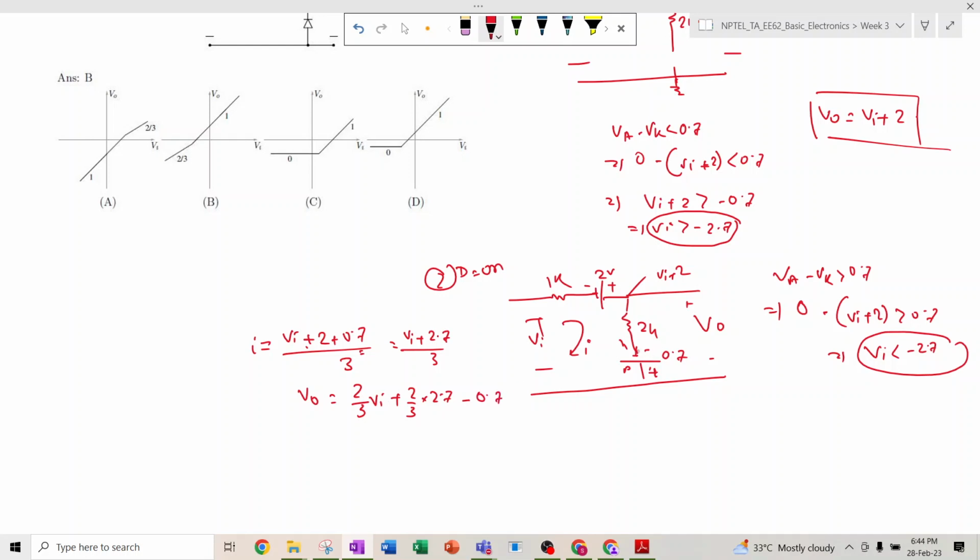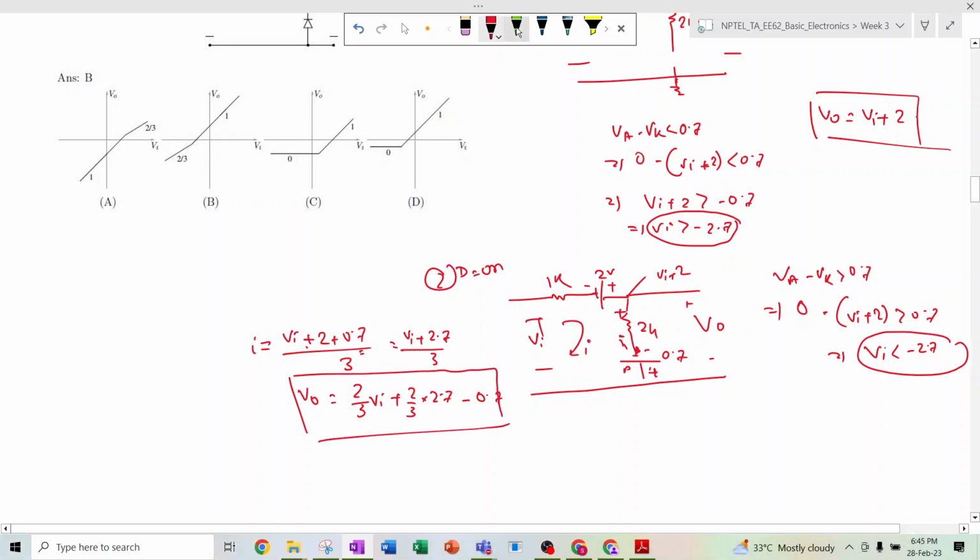Minus 0.7 is the potential at this node plus the voltage drop across this resistor. So what will be the Vo at exactly minus 2.7 volt? Vo is minus 2.7 plus 2, which is minus 0.7.